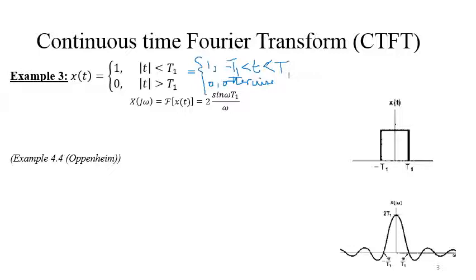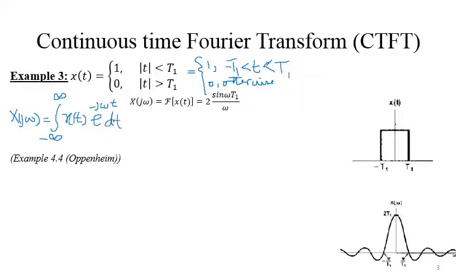To solve it, that's quite straightforward. Just put in the equation: we know X of j omega equals the integral from minus infinity to infinity of x of t times e to the power minus j omega t dt.